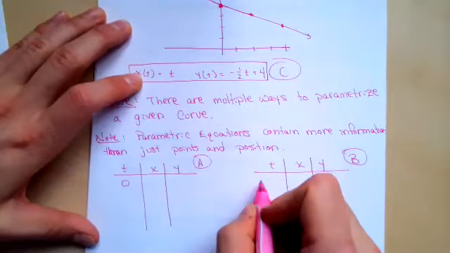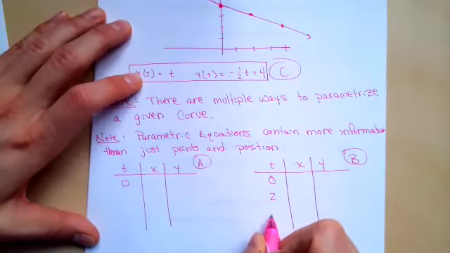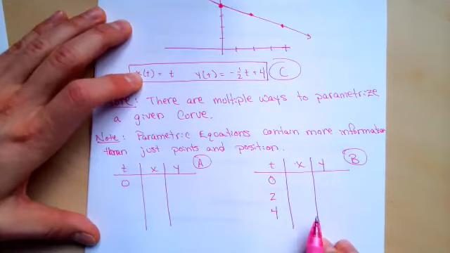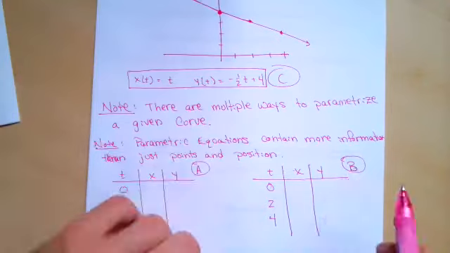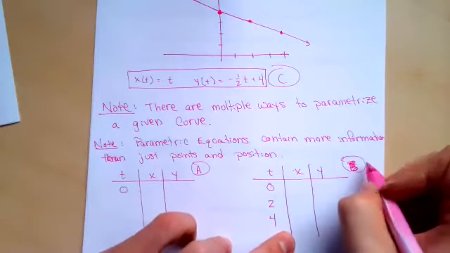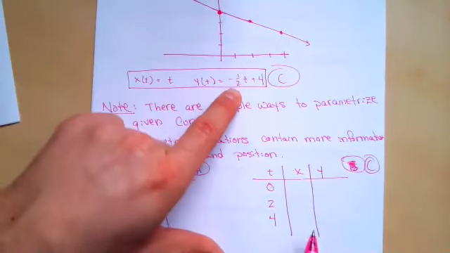What did we have in our first one? So we've made this table, 0, 2, 4. And then for our C, when we started with, we had our x is 0, 2, 4, and my y was 4, 3, and then 2.